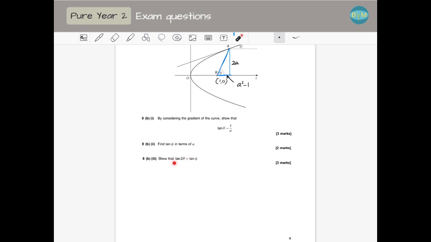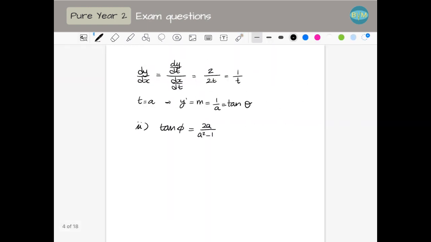Then show that tan 2 theta is equal to tan phi. So tan 2 theta, if we use the double angle formula, I'm going to remind you that tan 2 theta is 2 tan theta divided by 1 minus tan squared theta. That's the double angle formula for tan.